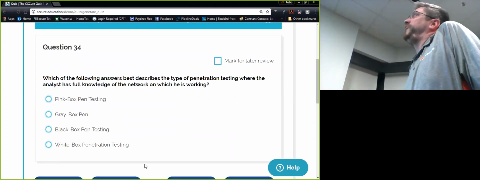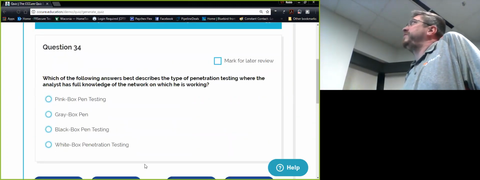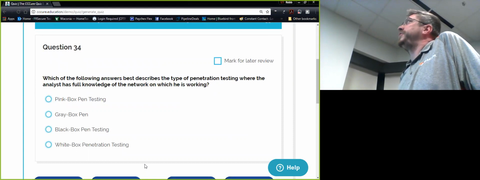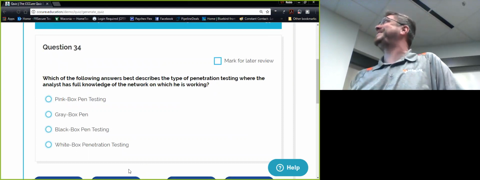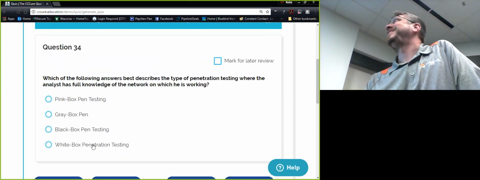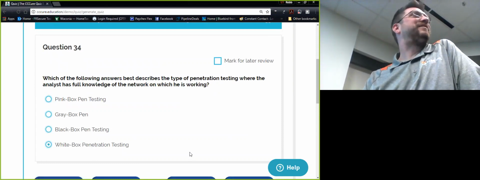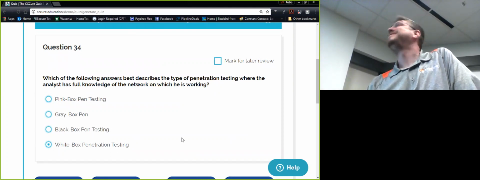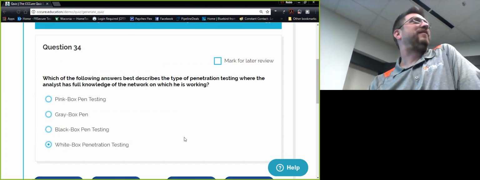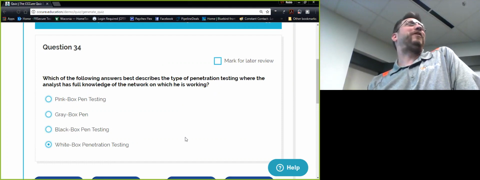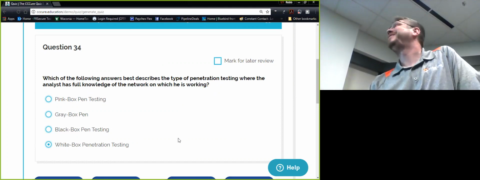Which of the following answers best describes a type of penetration testing where the analyst has full knowledge of the network? Pink box. We should do that on the next one that we scope out. Just put pink boxes. Yeah, we're gonna do pink box testing on this one. I'll be like, say what? Yeah, pink box testing. It's our own custom methodology. 2007. It's proprietary.